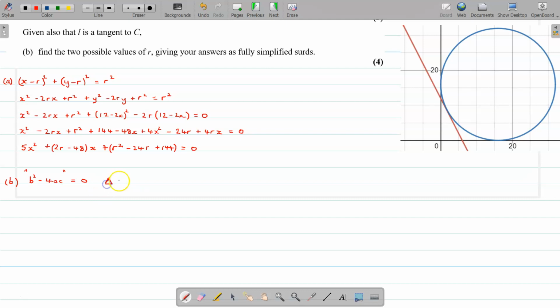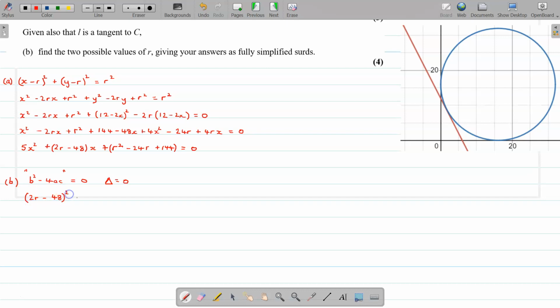Delta is accepted to mean the discriminant. All right, so whichever of those you write down doesn't really matter. But if I take the discriminant from the quadratic, my b is 2r minus 48. So 2r minus 48 squared.